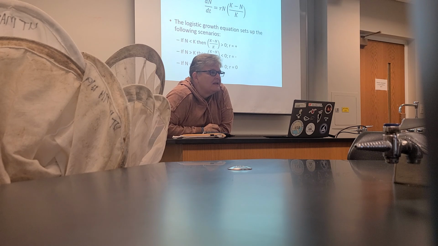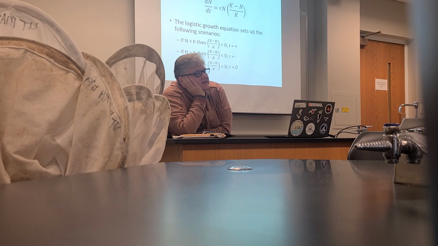It was the 80s. So if N is less than K, then that means that we have room for population growth, right? You still have resources. You're below the carrying capacity. And so you have room for more individuals, and the population is generally growing.